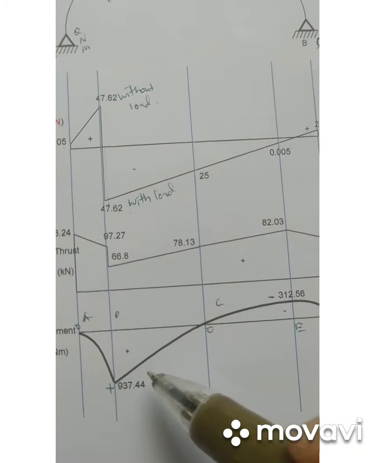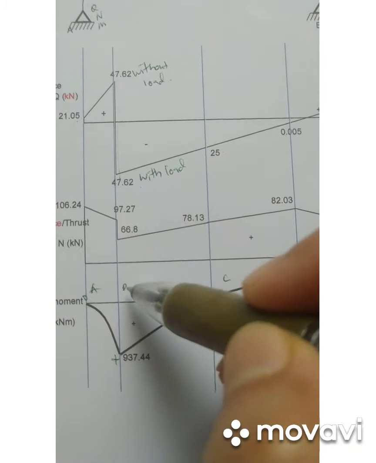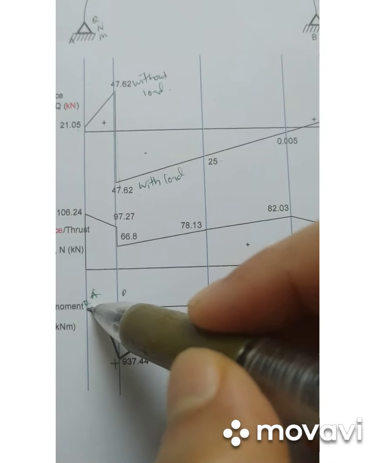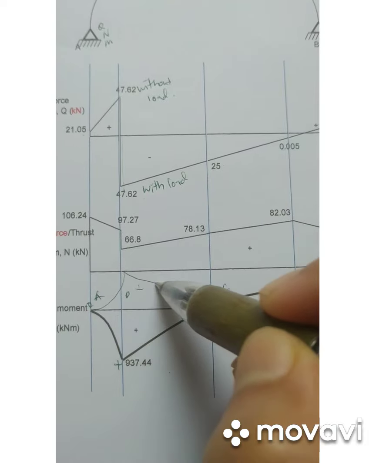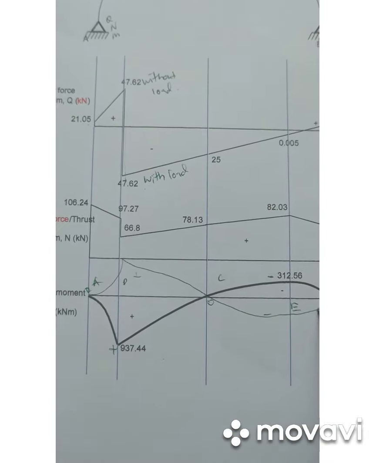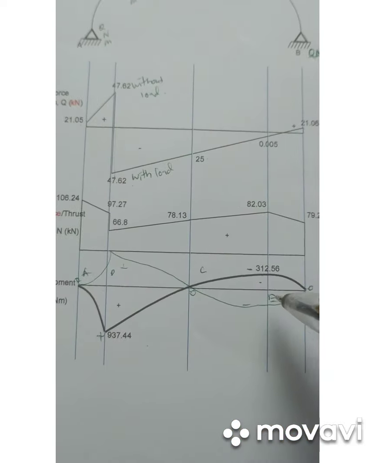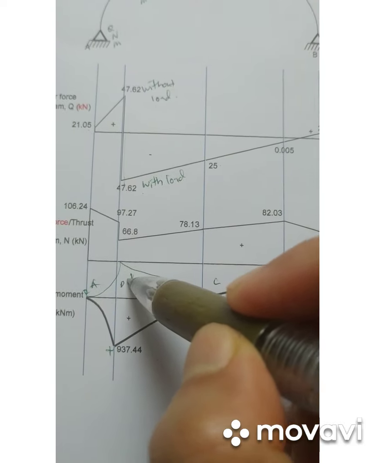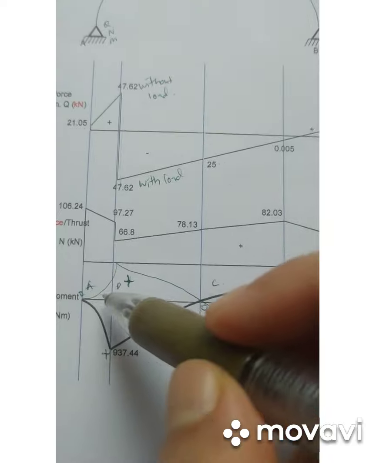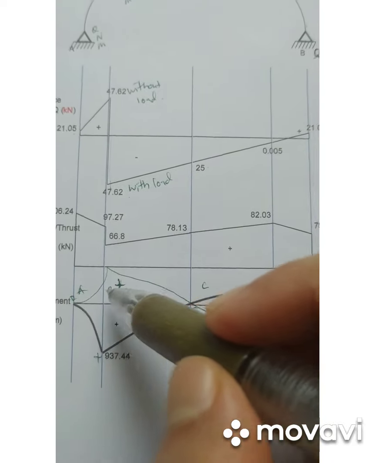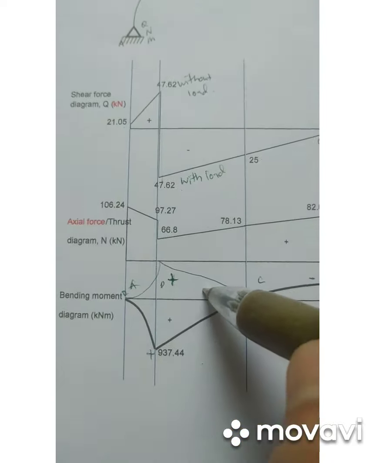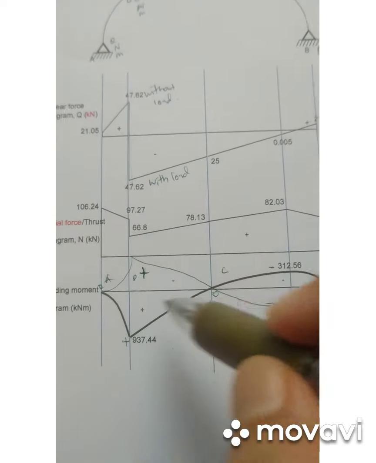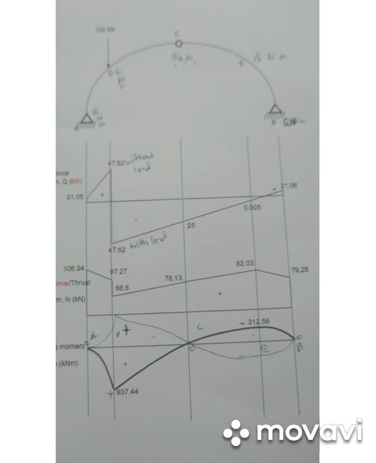It's okay if you want positive on top and negative like this one. The shape is flipped like a mirror, so this one is also correct. Some of the books put positive bending moment on top and negative at the bottom. So both are correct. I accept both.